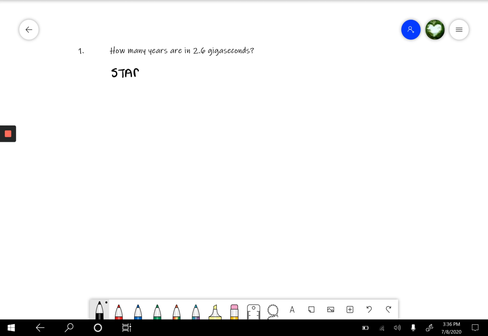Identify your start value. Where do you want to end up? What are you starting from? Our starting value, the only numerical value we have, is 2.26 gigaseconds. We're starting with the gigaseconds, and the ending is going to be years.